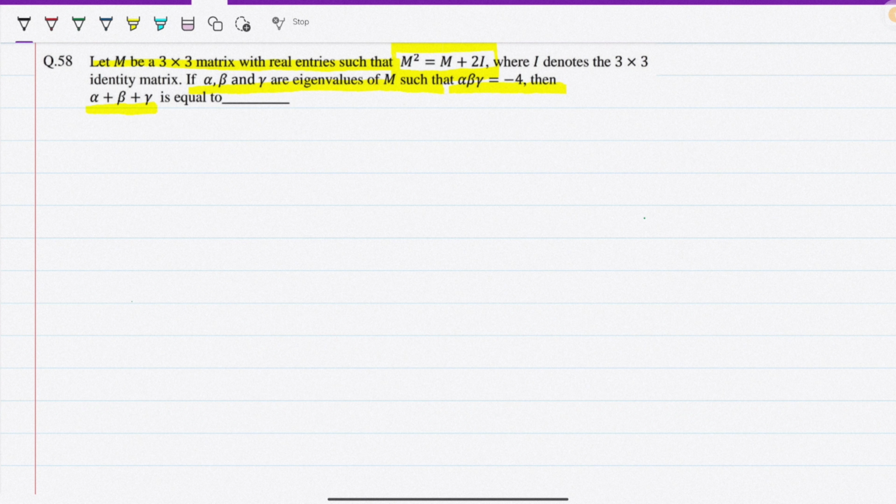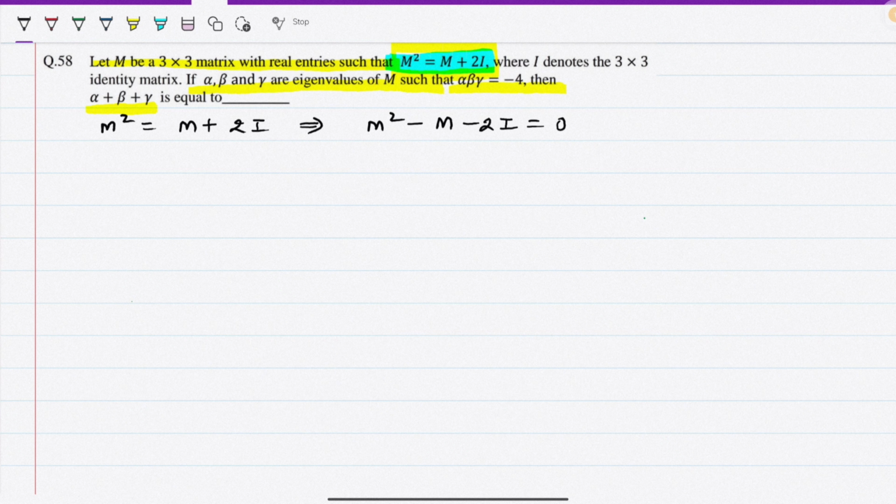Let us first proceed with the given condition M square equals M plus 2I. Rewriting this, we get M square minus M minus 2I is equal to 0. We know that the eigenvalues of M will satisfy this expression.